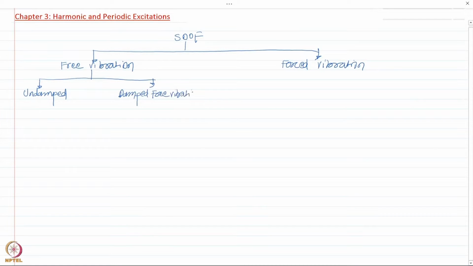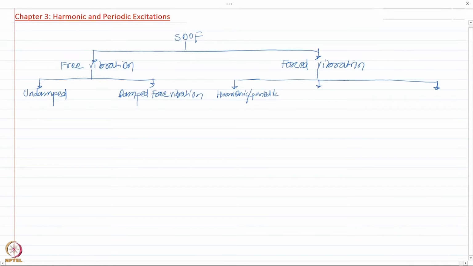For the forced vibration, it can be categorized based on what kind of force is being applied on the single degree of freedom system. We could have, for example, harmonic or periodic excitation, and then we could have arbitrary excitation.